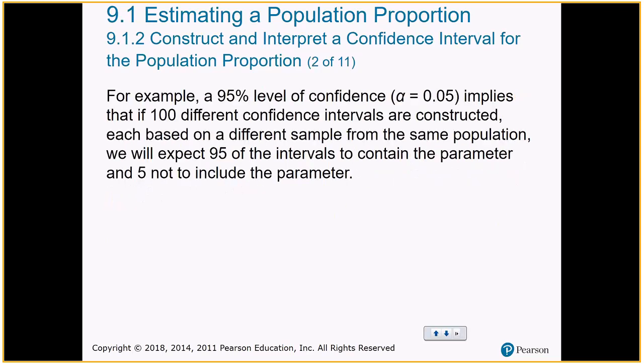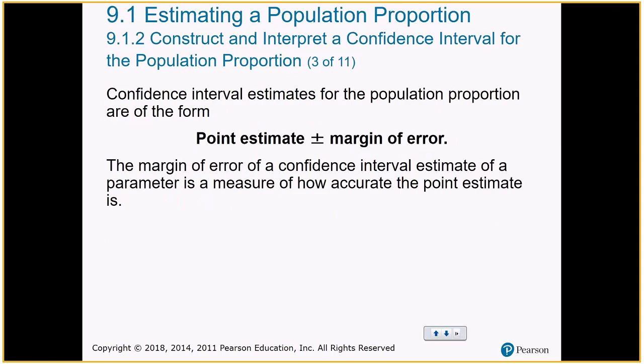All right, so here is the confidence interval. Go ahead and write down, I think that's where we left off: the confidence interval is the point estimate, which is p-hat, plus or minus the margin of error. If you write down the interval, it's going to look something like this.